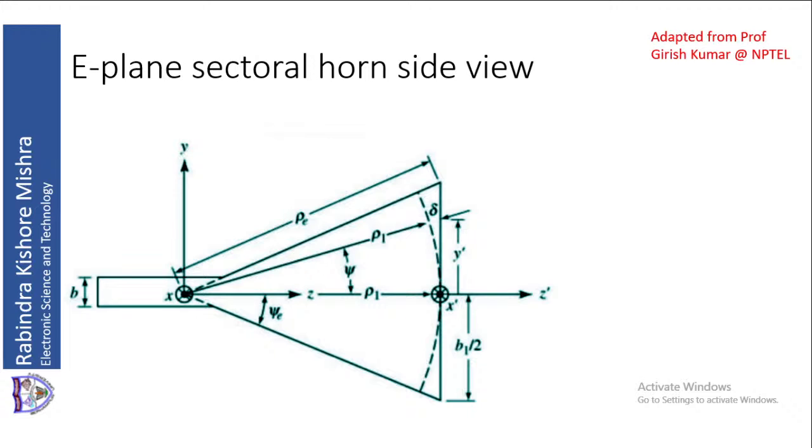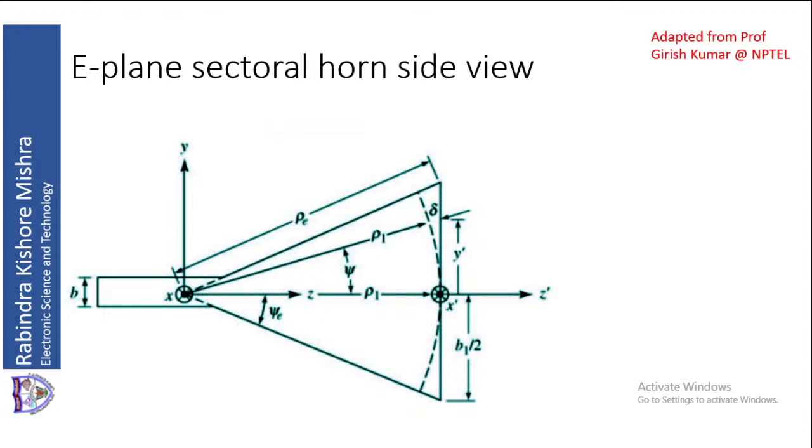Because my source to this dashed line is the phase center. From the phase center, the distance to this dashed curve is the same everywhere, because it is the radius, so the radius remains constant. So that is the phase front or the wave front of the wave propagating inside the structure.